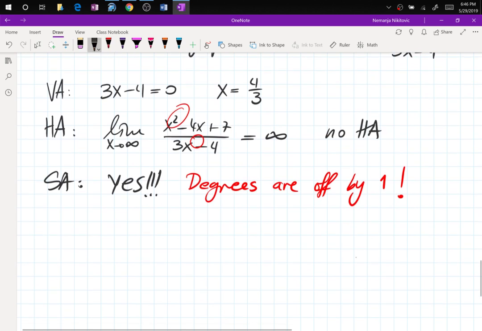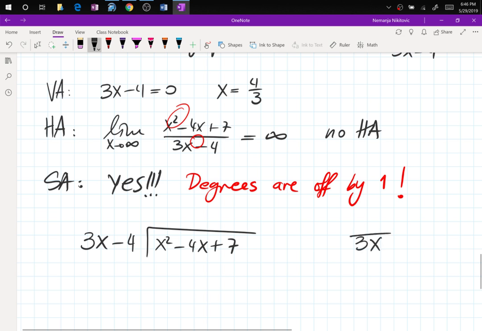So now I can divide 3x minus 4 into x squared minus 4x plus 7 to reveal the asymptote. So 3x goes into x squared, right? You're doing this basic division. It goes x over 3 times.